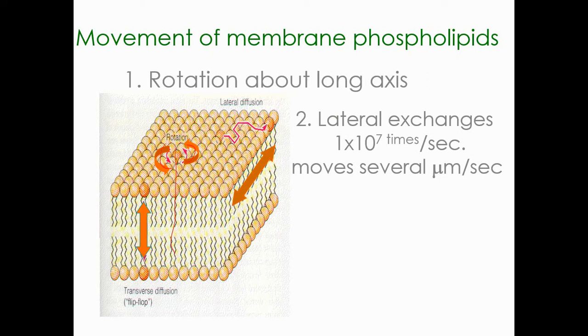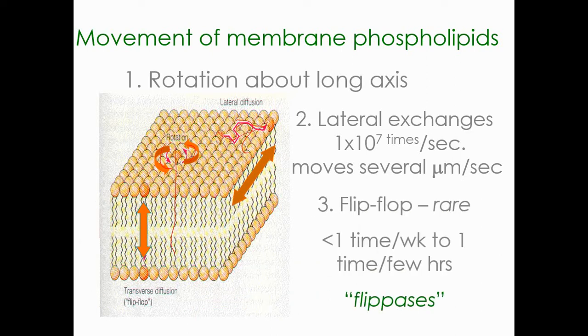That's the 10 to the 7 times per second. Lateral means they exchange places: this one will move here and then this one will move here. That's lateral exchange. And then the other one is flip-flop, which is rare. Flip-flop is when it exchanges with its opposite. That rarely happens, but it happens. That's one of the movements of the membrane phospholipid.